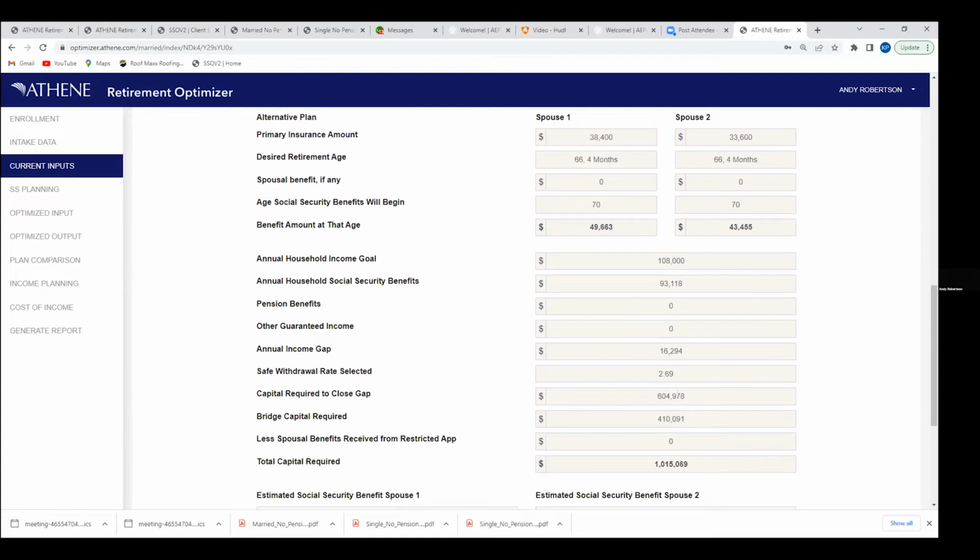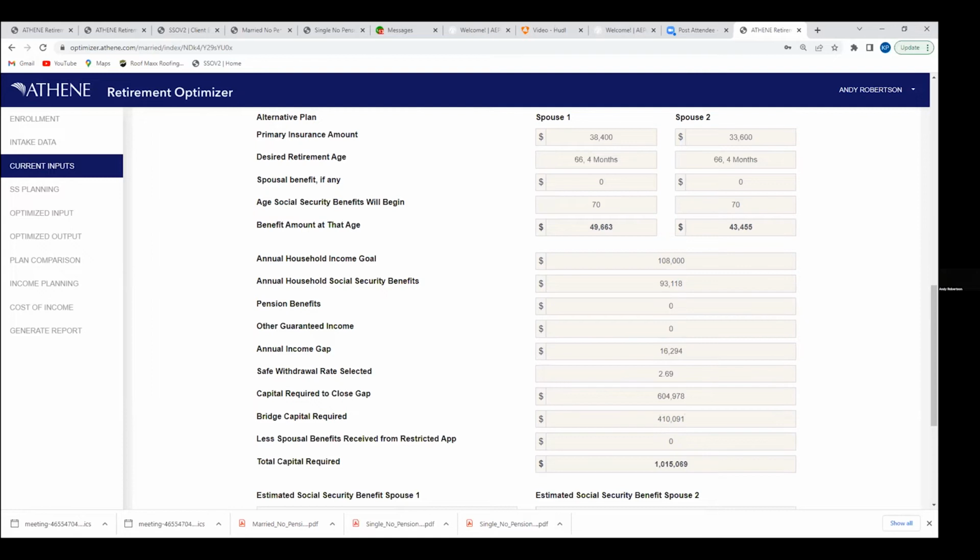But that's not the whole story, because now that they're retiring at FRA but not taking benefits till 70, we need to do some self-funding between 66 and 4 months and age 70, and we call that the bridge period.